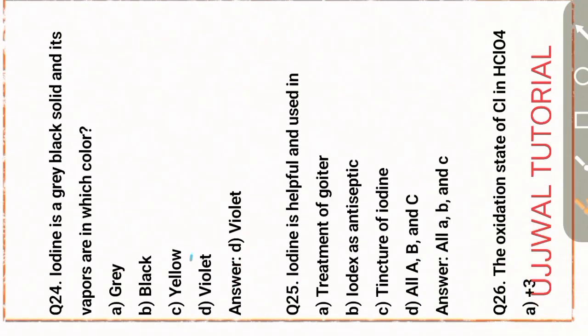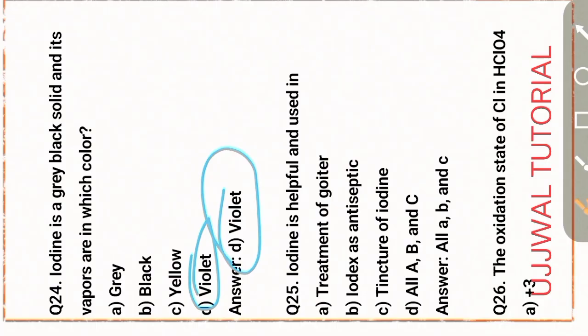Question number 24. Iodine is a grey black solid and its vapors are of which color? Option D, violet. Okay, option D is the right answer, violet. Next question number 25.